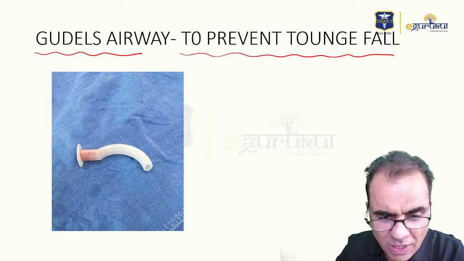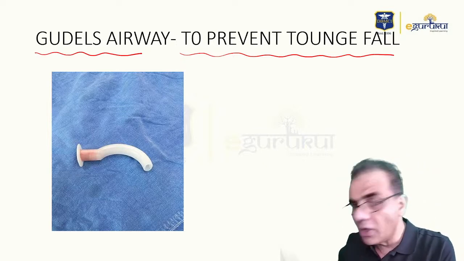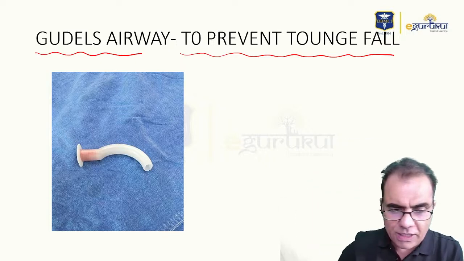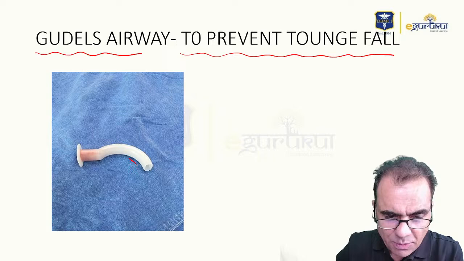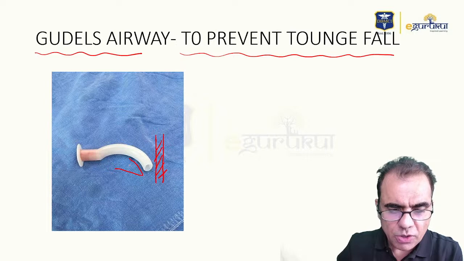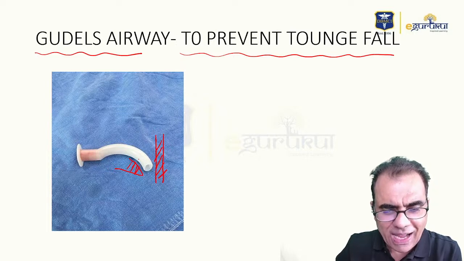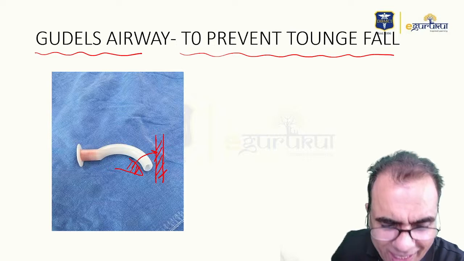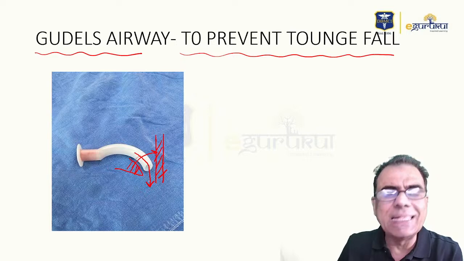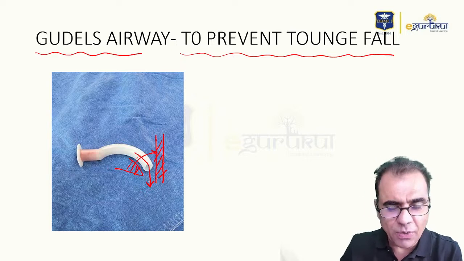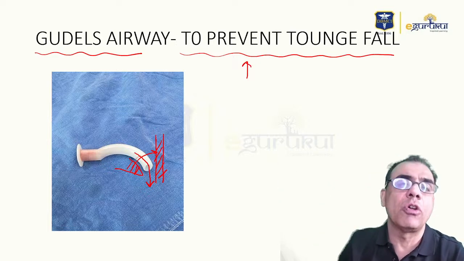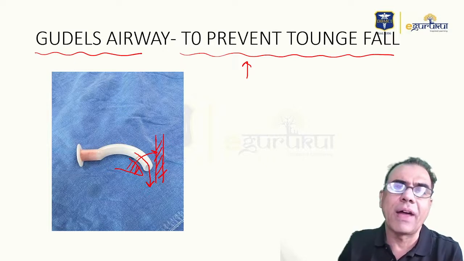You place Guedel's airway blindly so that this portion lies between the tongue and the posterior pharyngeal wall, thus preventing the tongue from falling back and maintaining the patency of the airway.